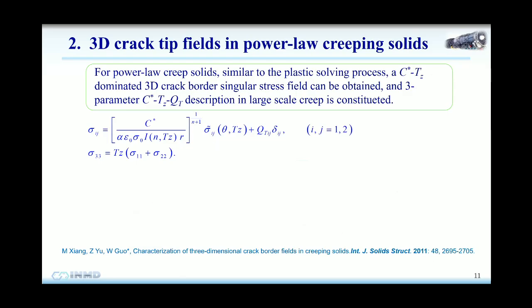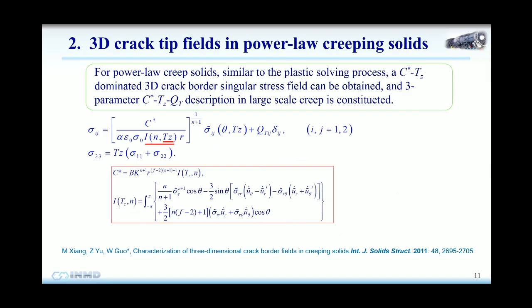We take an example about the parallel creeping solid for three-dimensional crack. We also have this similar equation, and we see here the difference and also the angular distribution.